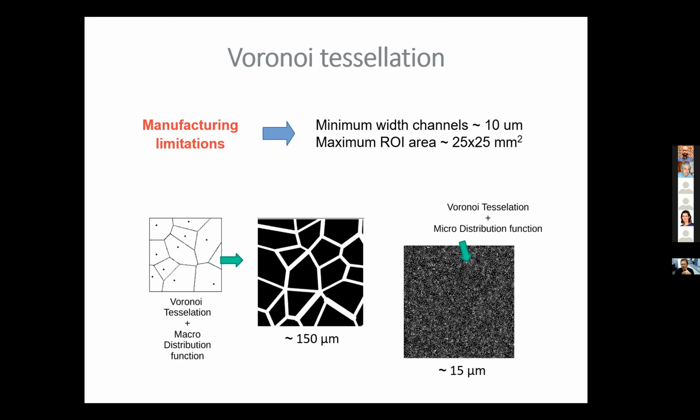In the same way, it's not possible to create very big micromodels. So we had the limitation of a maximum ROI, a maximum region of interest area of around 25 times 25 square millimeters.